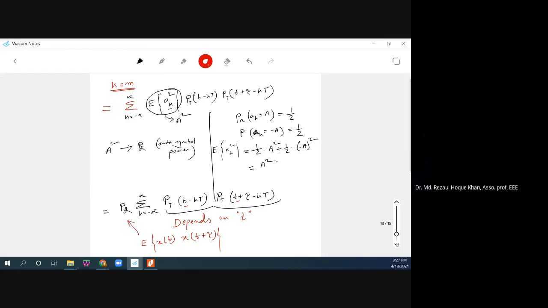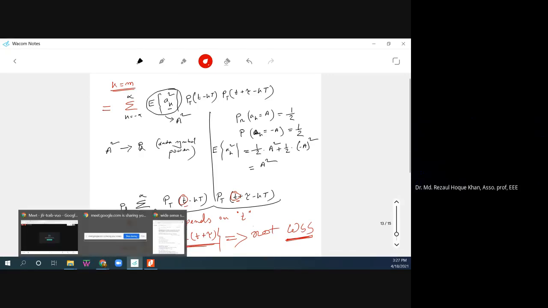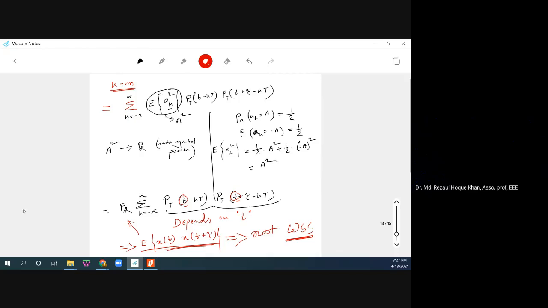Because this solution depends on t, our process is not wide sense stationary, because for a wide sense stationary process, the expected value and autocorrelation do not depend on t. Here the autocorrelation depends on t, so it is not a wide sense stationary process.